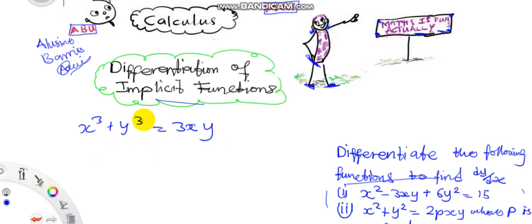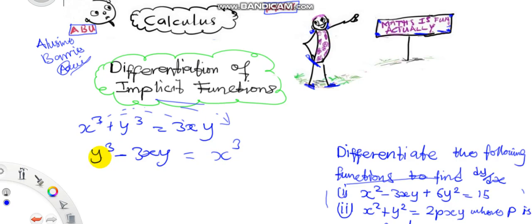For example, let's try saying we want y on one side of the equation. If we want to do that, we have y cubed here, but we would have to bring plus 3xy to the other side. It changes to minus 3xy equal to x cubed.